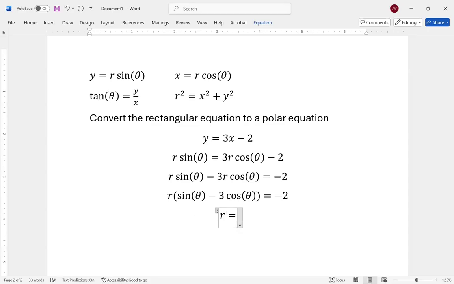This means that I can divide both sides by that big quantity, sine theta minus 3 cosine theta. That'll give me r is equal to the fraction whose numerator is negative 2 and whose denominator is sine of theta minus 3 times the cosine of theta.